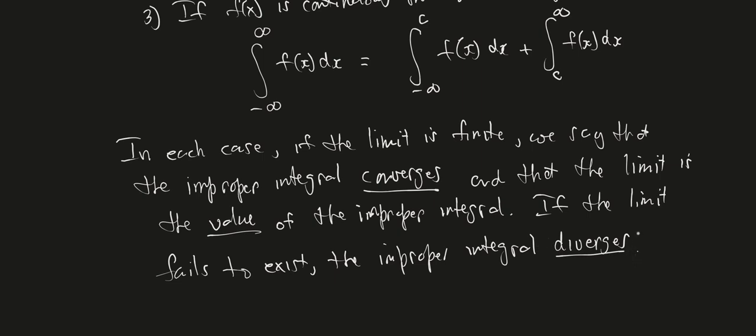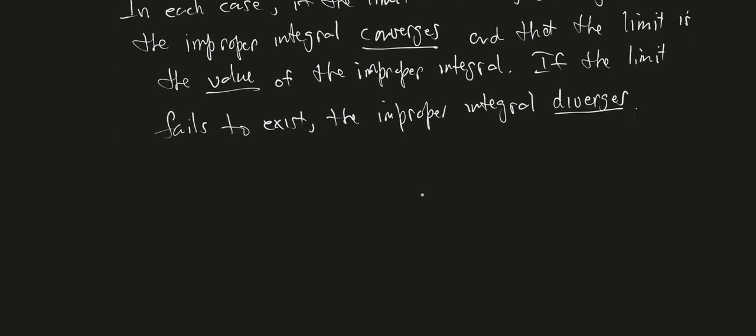But in any of those cases, we would say that the improper integral diverges. If, however, our limit comes out to be a number, in other words, if it's finite, then we say the improper integral converges. All right? All right, let's do a couple examples here and see what this whole process looks like.